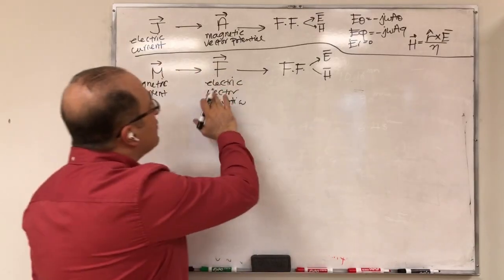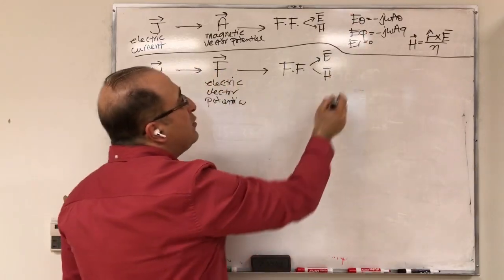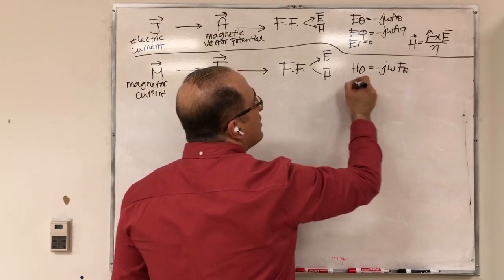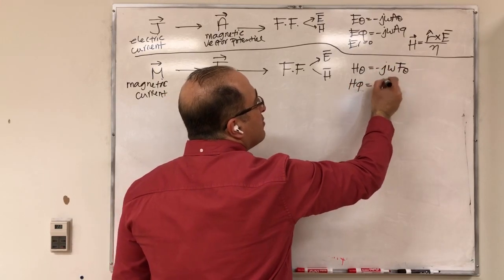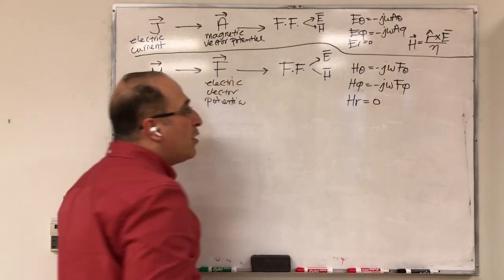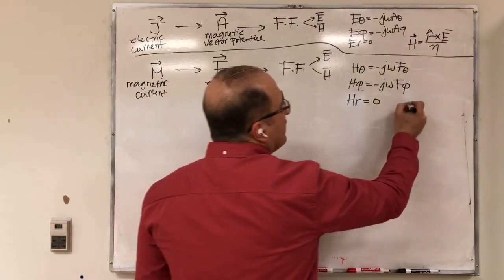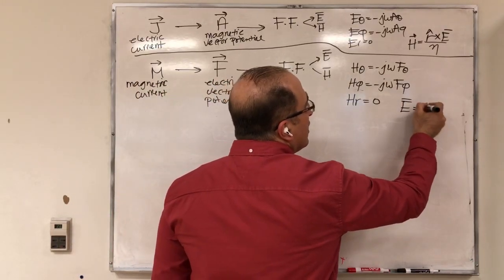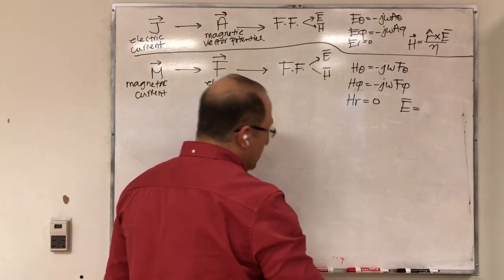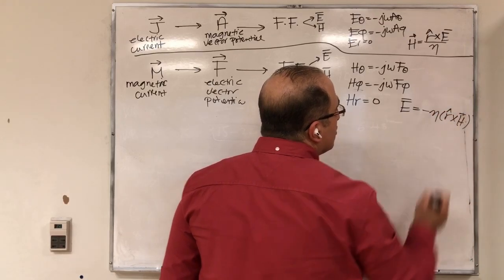Now, when you have capital F, you can do the same thing, but this time, instead of starting with E, you start with H. You say H theta is minus j omega F theta, H phi is minus j omega F phi, H R is 0. Now you have your H, and then for E, you can do plane wave approximation again, which brings you to this.